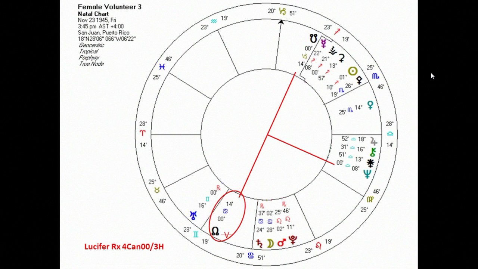Now, for transiting Lucifer in Volunteer 3's chart, it's in that 12th house. As you can see, it's going to be doing some Grand Cross energy for you. It's already started with the nodes. It'll continue on. I would say that there's a lot of potential for deeper spiritual wisdoms you can recognize with Lucifer in the 12th.